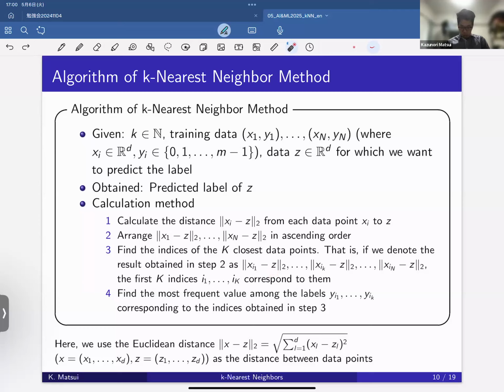The indices would be i1, i2, and so on up to ik. Finally, find the most frequent value among the levels corresponding to these indices, so yi1, yi2, up to yik.